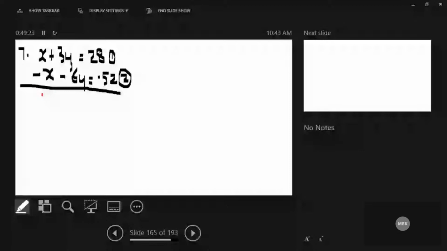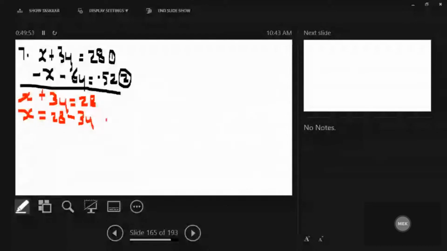I'm going to go with this, the positive x. So using the equation, we have x plus 3y is equal to 28. So x is equal to 28 minus 3y.